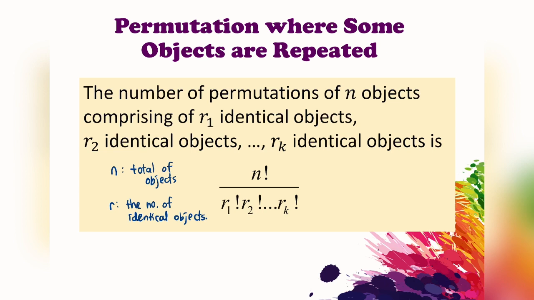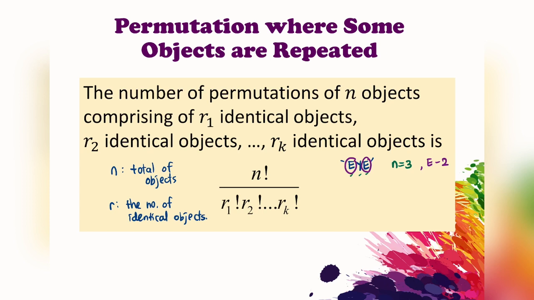So let's say we have the word "EYE". We want to arrange this word. Here in total we have 1, 2, 3, so n equals 3. But since we have an identical letter here, which is E, we have 2 repeated objects.